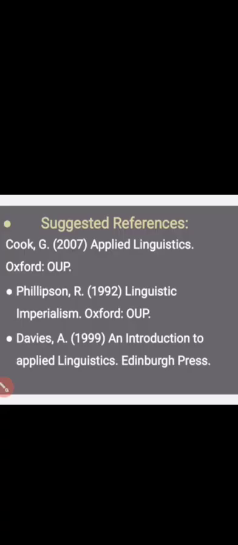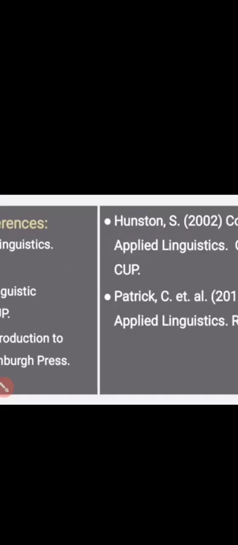We have Davies A. 1999, An Introduction to Applied Linguistics, Edinburgh Press. We have Hunston S. 2002, Corpora in Applied Linguistics. This is published for Cambridge University Press. Then Patrick C. et al. 2011, Mapping Applied Linguistics, Routledge.